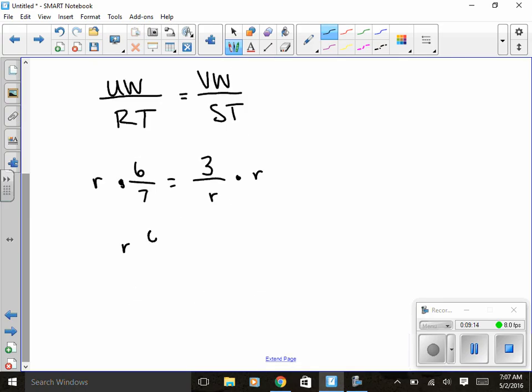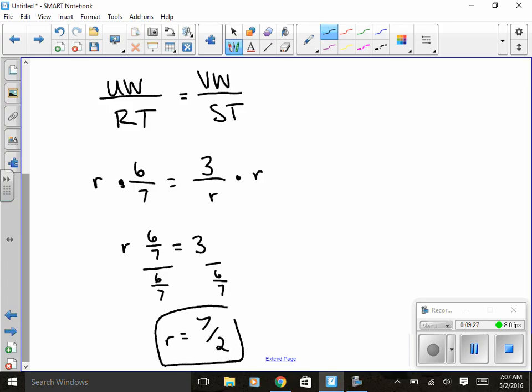Get R times 6/7 equals 3, divide by that 6/7, and R would equal 7 over 2. You can type that into your calculator and solve for that. So that's how you figure out your proportions, as well as looking at your angle measures and how to write your corresponding parts.